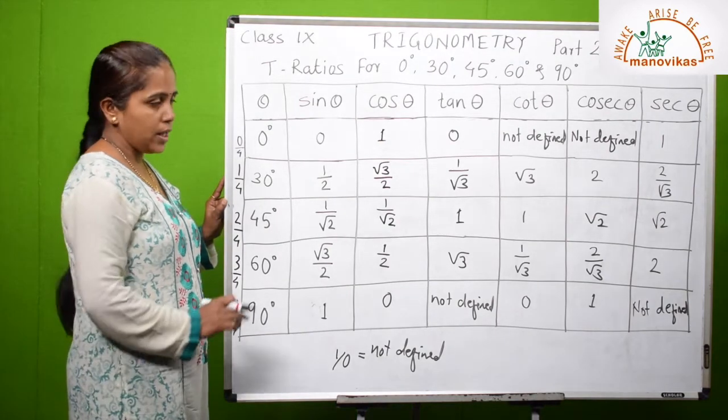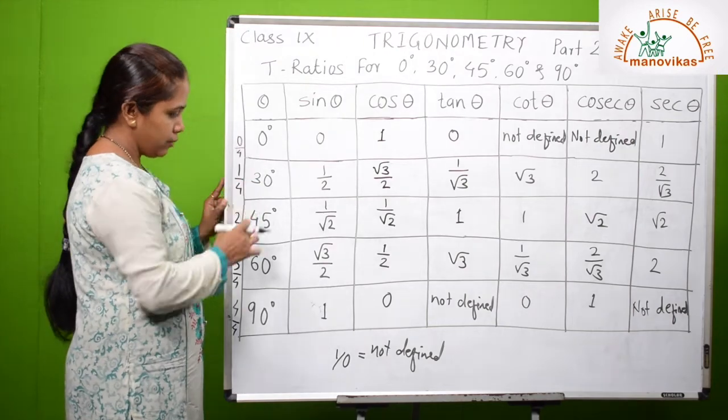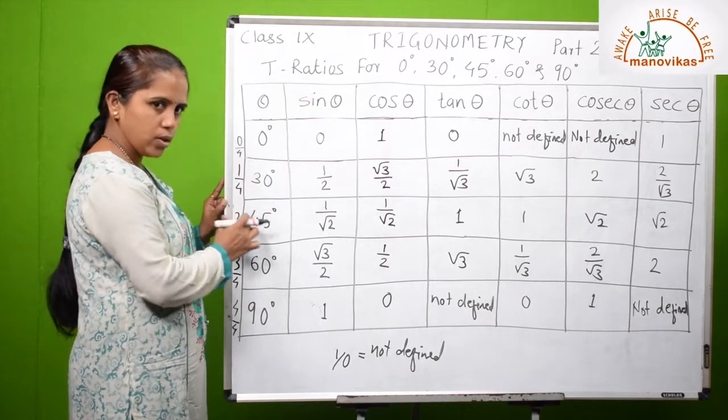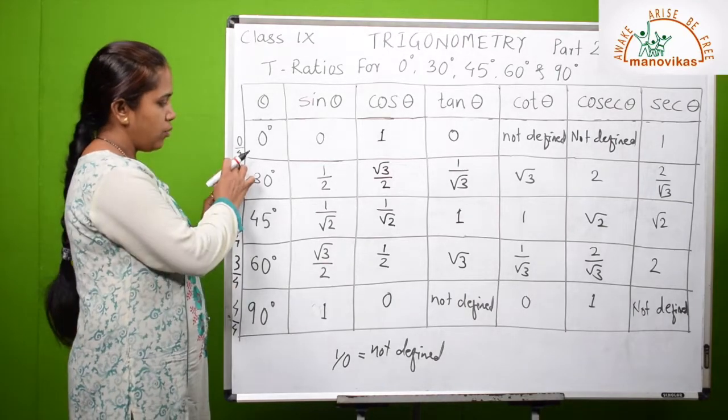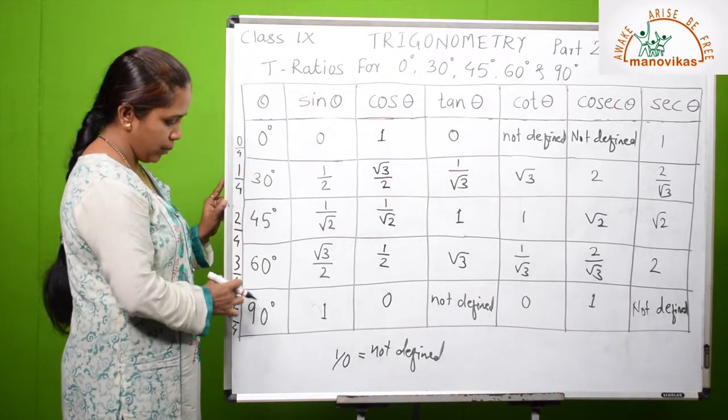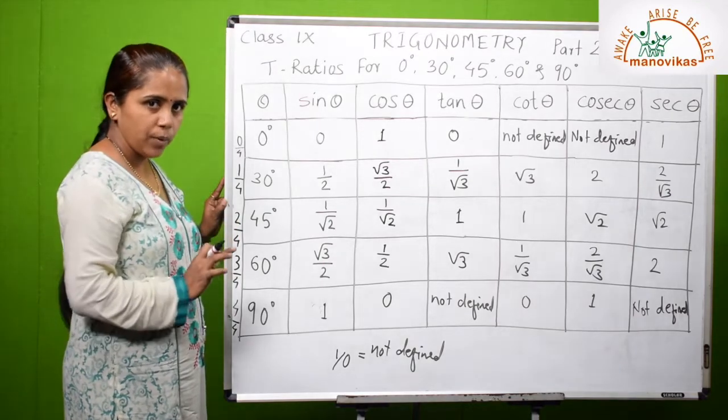First I have written, mark each angle by 0, 1, 2, 3, 4. Then divide each number by 4.